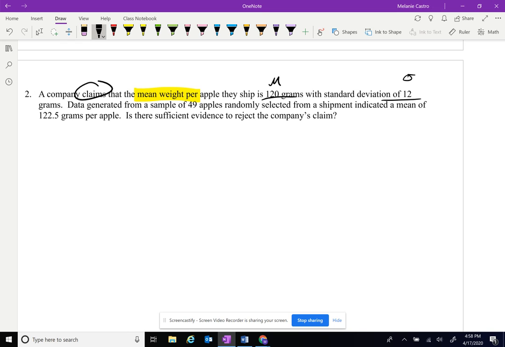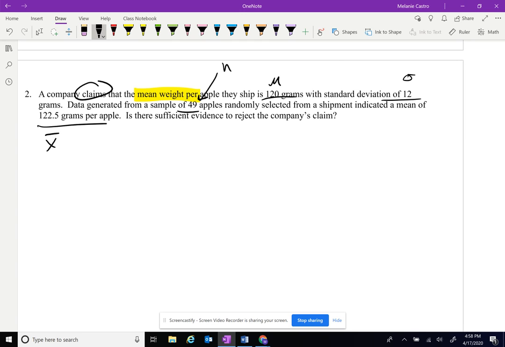Then you actually take a sample of 49 and it has a sample mean of 122.5. So they're actually giving you a little bit more, it looks like. But it just says, do you have evidence to reject their claim? So based on this given information, can you pick which type?